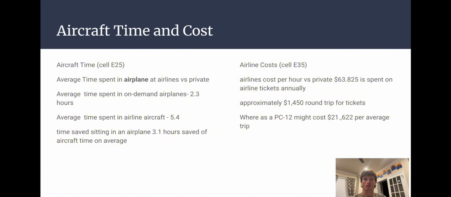The total cost per hour in the new PC-12 was $1,696, so just under $1,700 an hour to run, and it's going to cost you maybe $21,000 on average per trip based off of the average flight time being 2.3 hours, and that's what we're trying to look at with that.